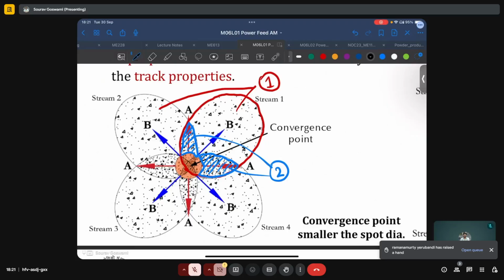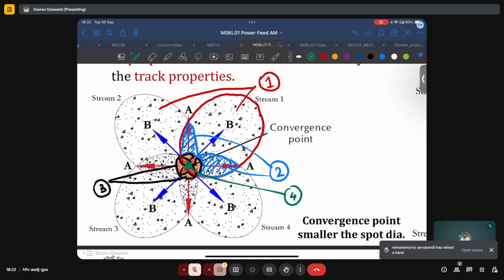Then we have these small regions, which I am highlighting in black, where there is an overlap of powder streams from three streams at a time. And then there is a central region, which has the overlap of all the four powder streams.